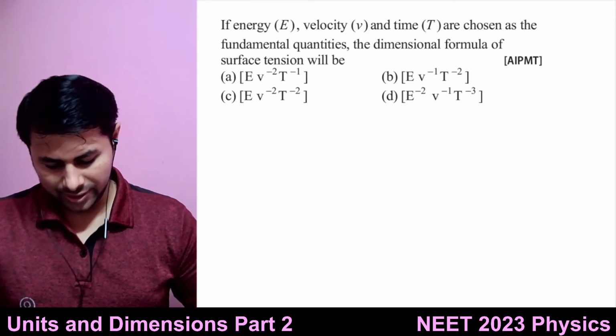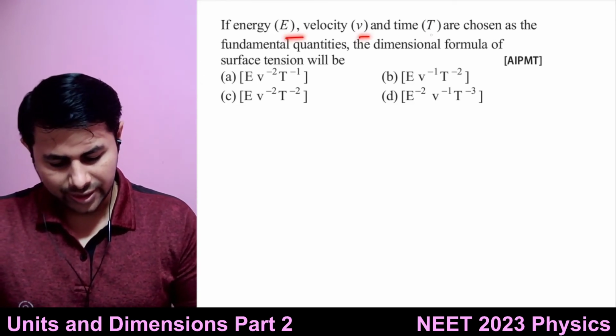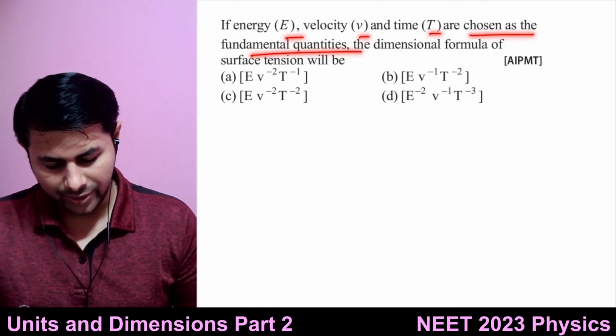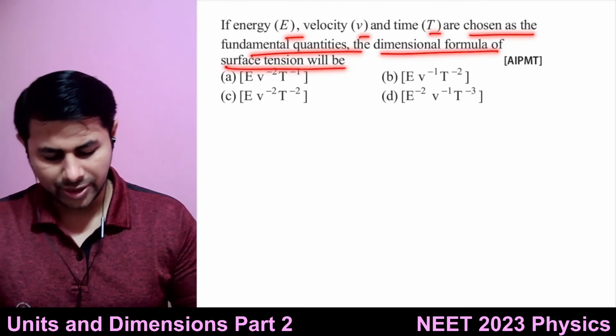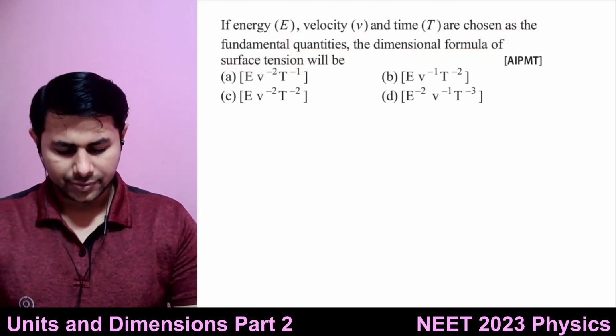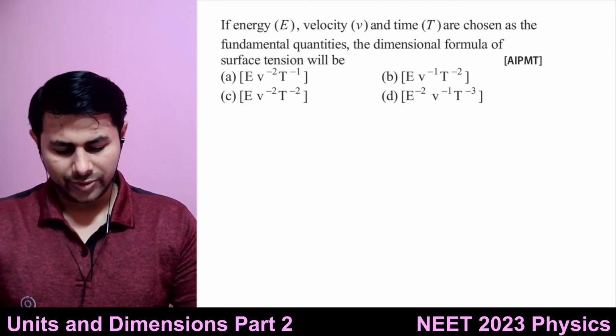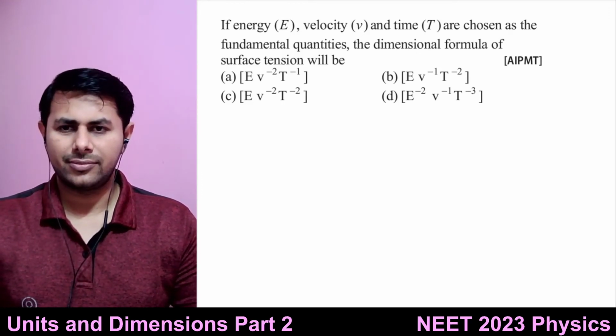So the next question is: the energy, velocity and time are chosen as fundamental quantities. The dimensional formula for surface tension will be? So first of all, what is surface tension?